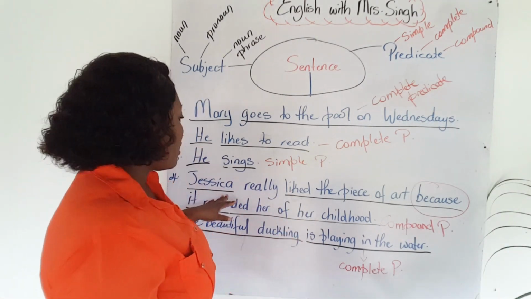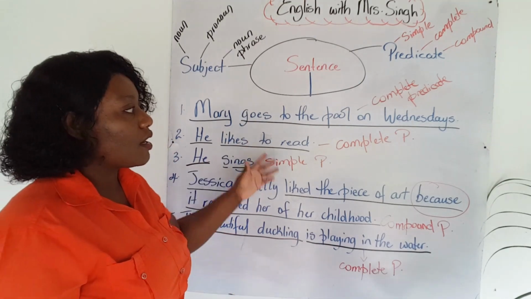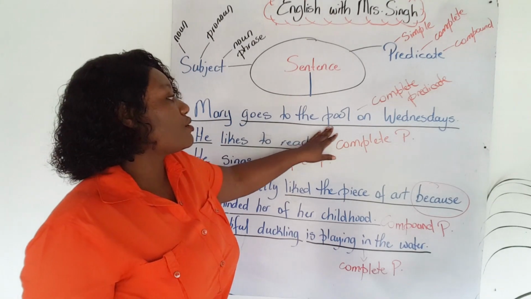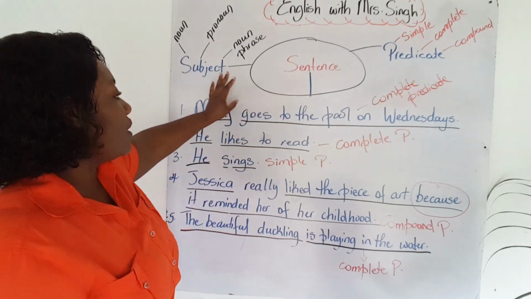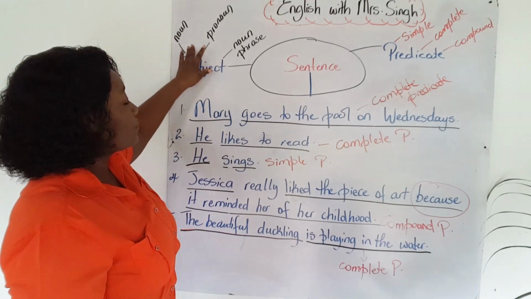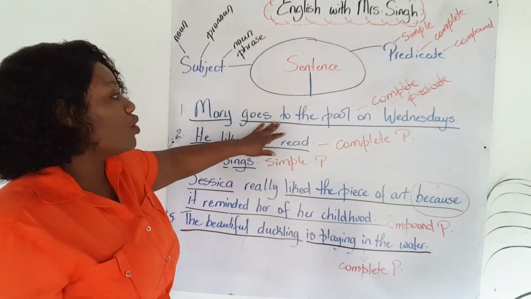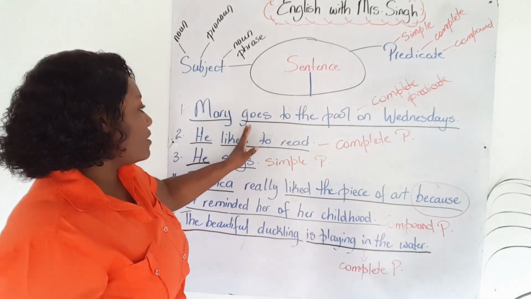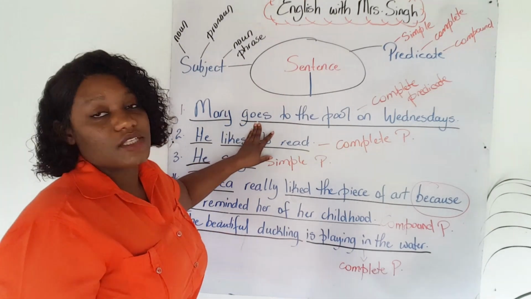So, these are some sentences that we went through. Mary goes to the pool on Wednesday, and we concluded that Mary is a noun and goes to the pool on Wednesday is our predicate, and this part here, goes, is our verb.